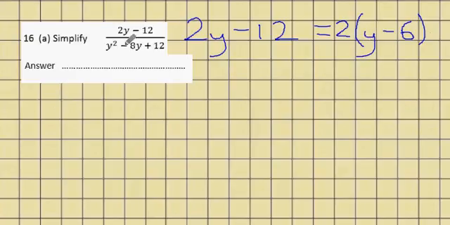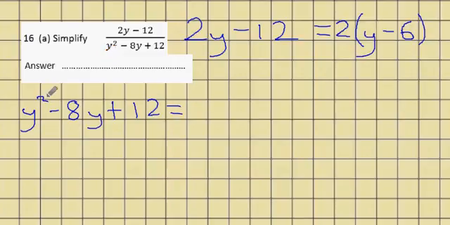Now I'll fully factorize the bottom part, y² - 8y + 12. You should recognize that this is a quadratic expression. It has one unknown, y, and the highest power is 2. So it's a quadratic.